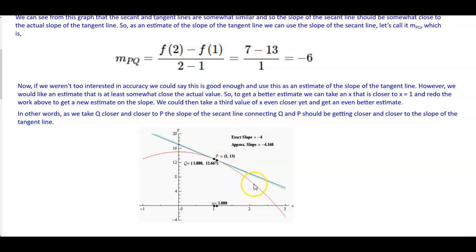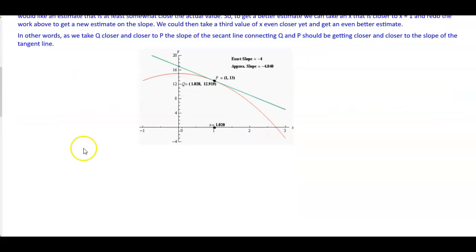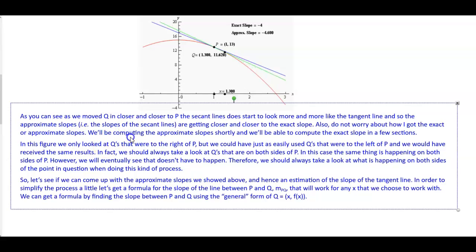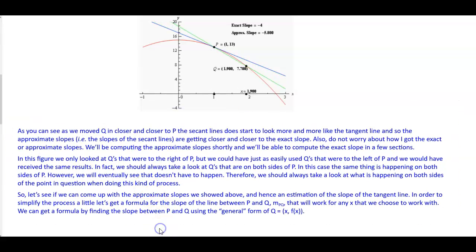So as this point starts traveling closer, as we're getting closer and closer to 1, we can see that the slope is getting to -4. So again, as we move Q closer and closer to P, the secant lines start to look more and more like the tangent line. And so the approximate slopes, i.e. the slopes of the secant lines, are getting closer and closer to the exact slope.